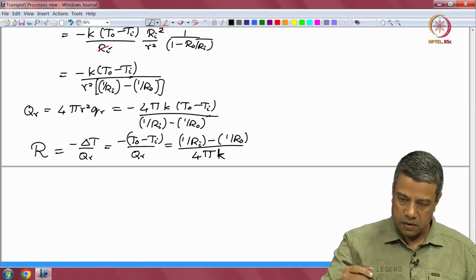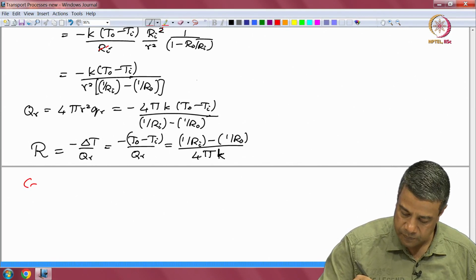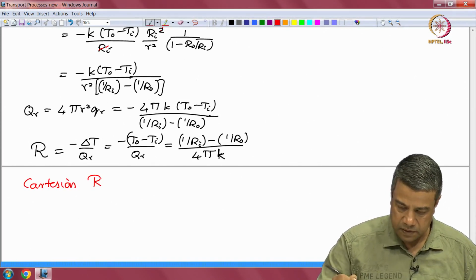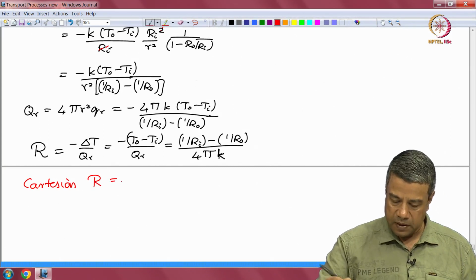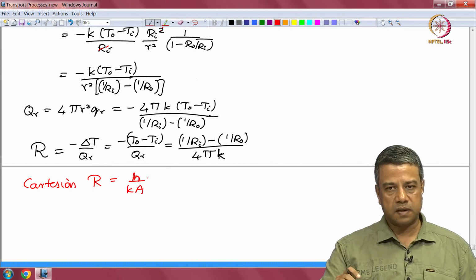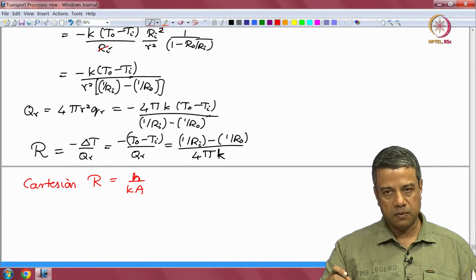Recall that for a Cartesian coordinate system, this heat transfer resistance was equal to h by K A, where h was the thickness of the plate and A was the area.